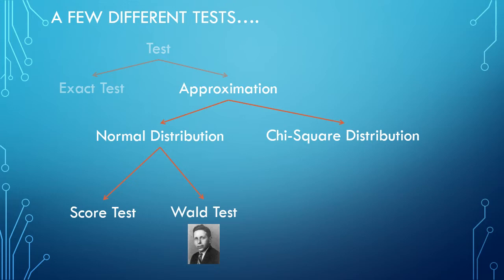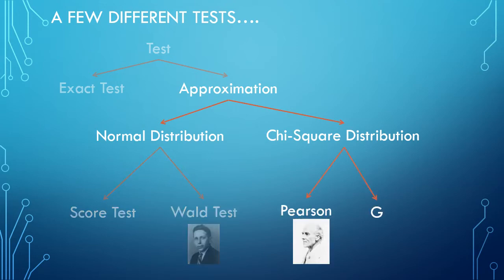With the Wald test, you use your sample proportion, while with a score test, you use your hypothesis proportion. Now for the chi-square distribution, there are also two different tests. There is a Pearson test or a G-test. The G-test is also sometimes referred to as a likelihood ratio test.